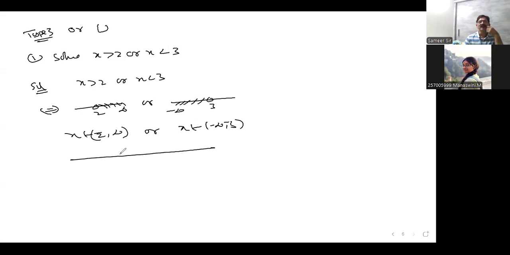So if you write it on one number line, with 2 and 3 here, open circles. It will be minus infinity to 3, and the next one is 2 to infinity.